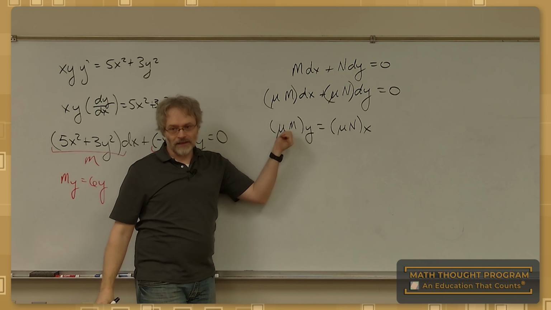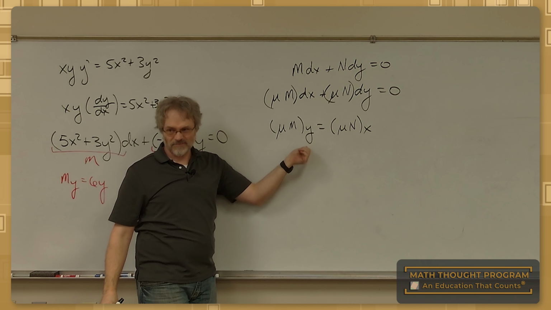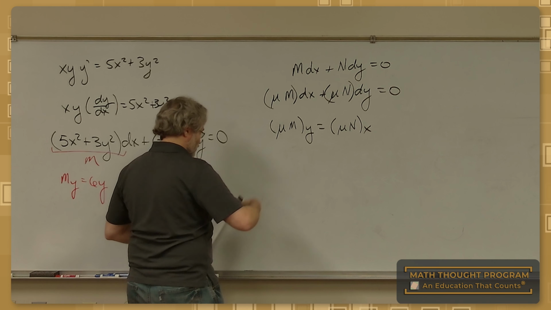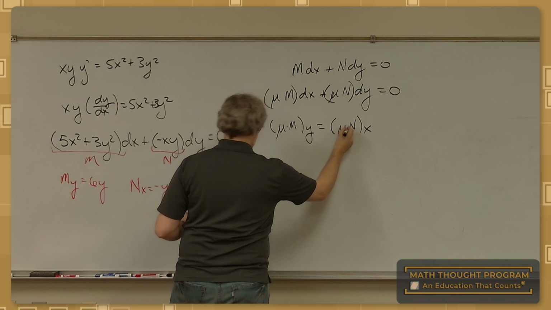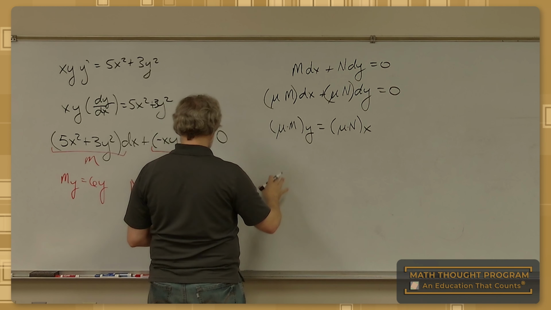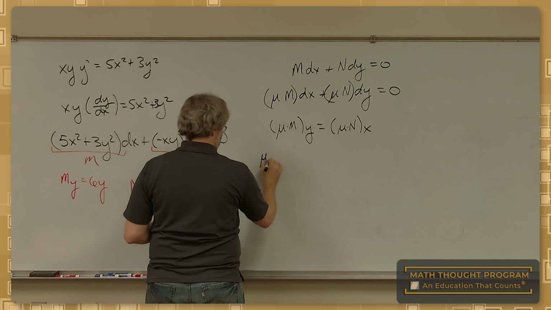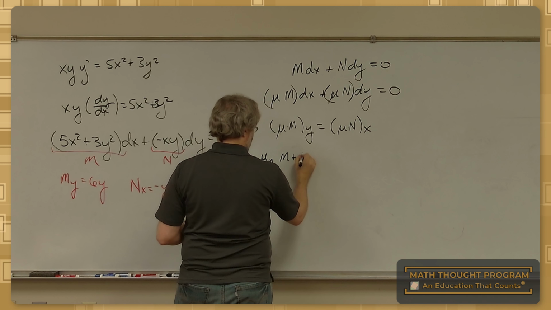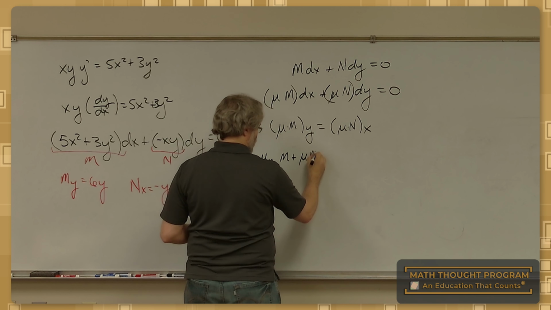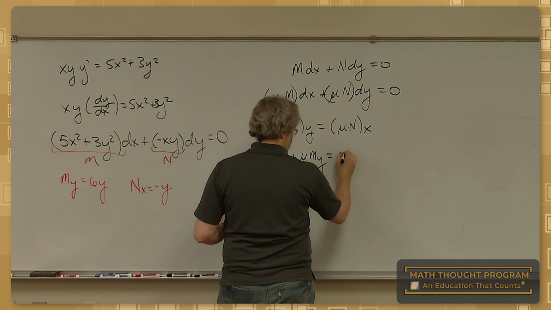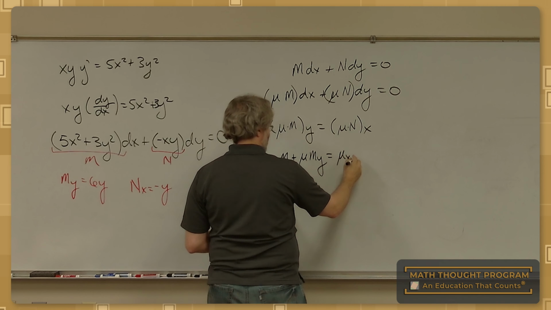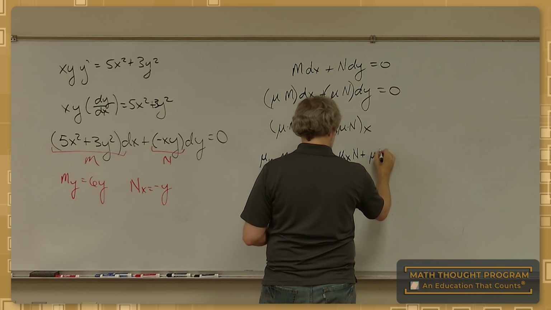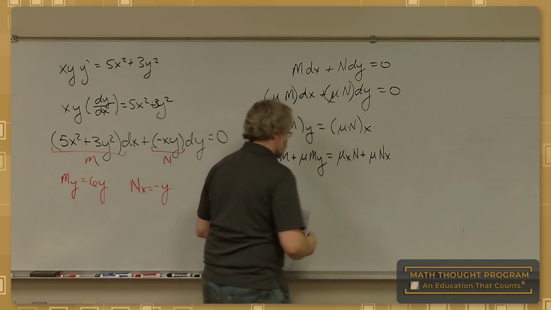Well, if mu and M are both functions and I'm taking this partial, I'm going to apply the product rule. Again, I'm holding the x constant. So I'll have the partial of mu with respect to y times M, plus mu times the partial of M with respect to y, and the partial of mu with respect to x times N, plus mu times the partial of N with respect to x.